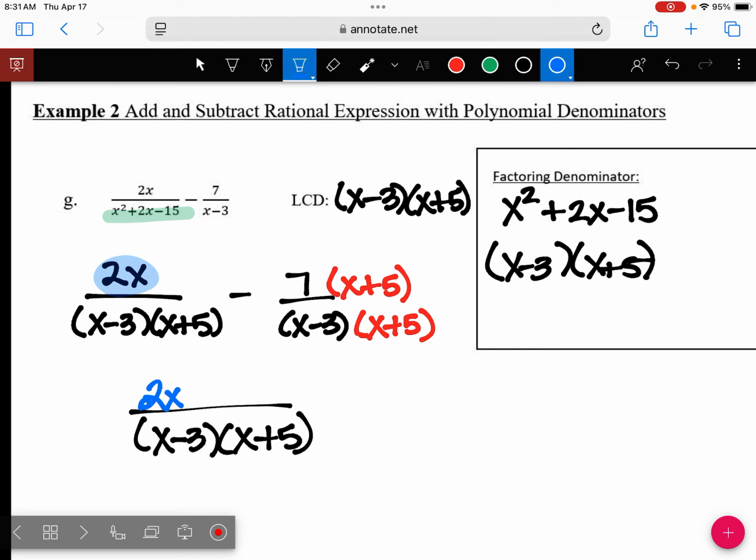The second thing that goes on the roof is a subtraction sign. The next thing that goes on the roof is a 7. And right next to the 7, we have a parentheses x plus 5.